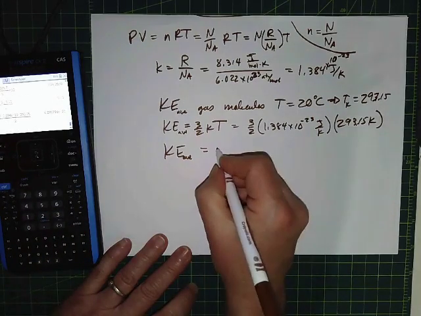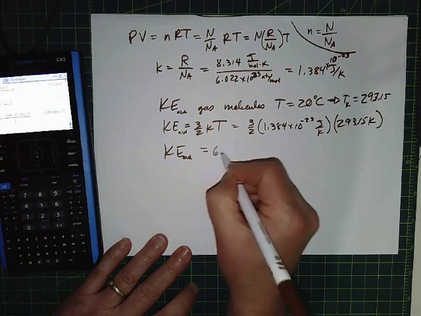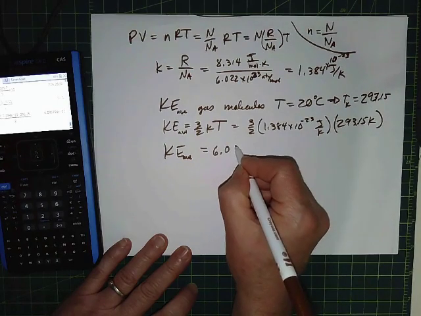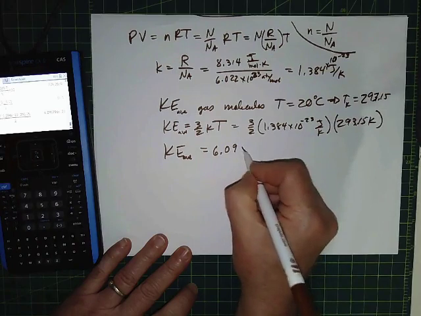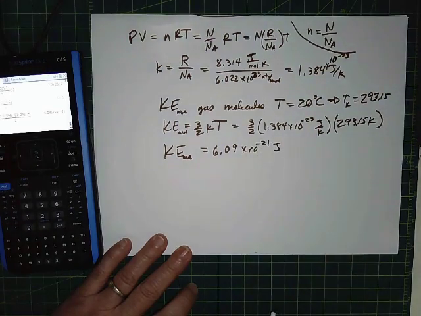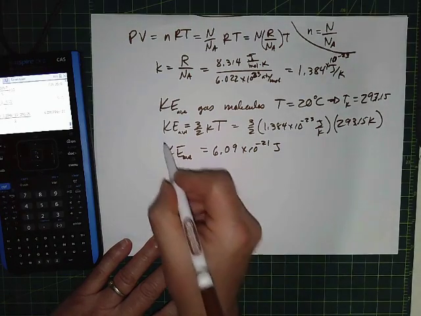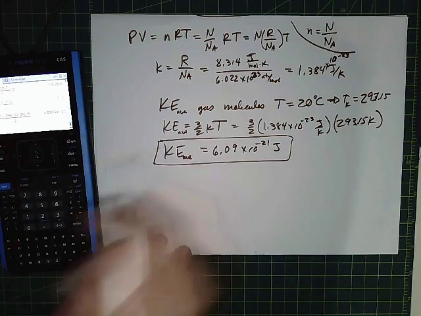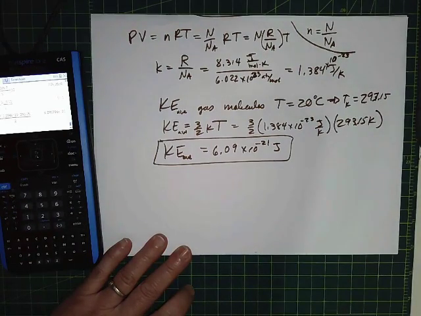Alrighty, that looks more like it. 6.09, call it good, times 10 to the negative 21 joules. Alright, so very low energy, but it's energy of molecules, so we wouldn't expect it to be a huge number.